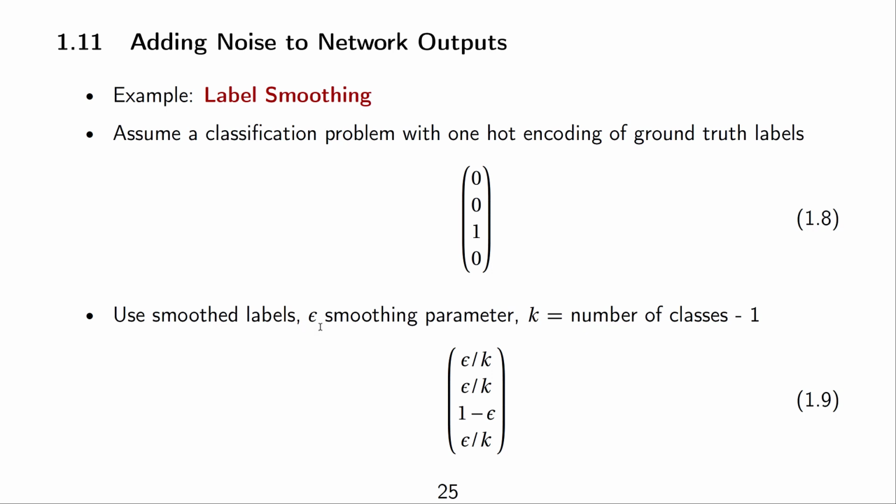So we say that there's some uncertainty parameter epsilon, some smoothing parameter epsilon, and for the correct class, we lower the probability from 1 to 1 minus epsilon. Then to compensate for that, all the other probabilities we need to increase from 0 to epsilon divided by k, where k is the number of classes minus 1. So the sum of probabilities would still be 1.